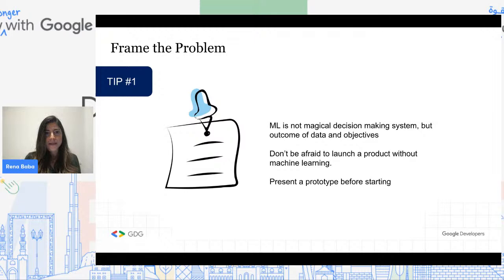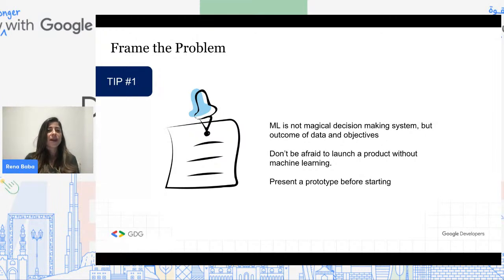The other thing as well, when we talk about machine learning, especially with different people who might not necessarily understand machine learning, but we might help them with a machine learning project, they will not really understand it if we're just talking to them and presenting to them and telling them what we could do. It would be really helpful if we can present a prototype before kicking off a project.